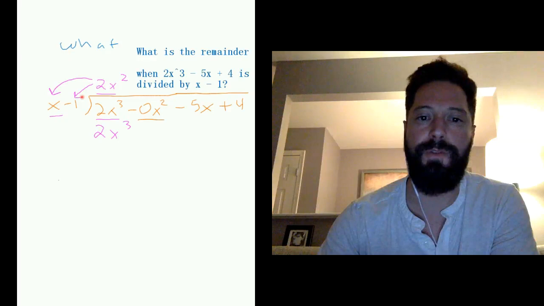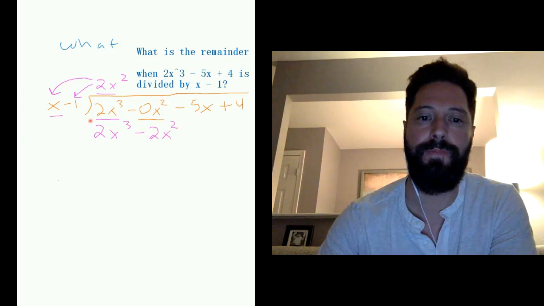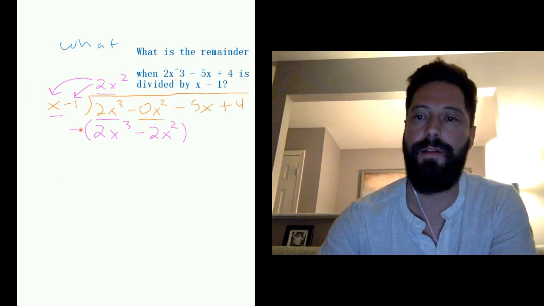Just like in regular long division, you subtract the entire thing. Subtraction means that you distribute the negative through, so you wind up actually just changing the signs. This becomes a negative, and this becomes a positive.